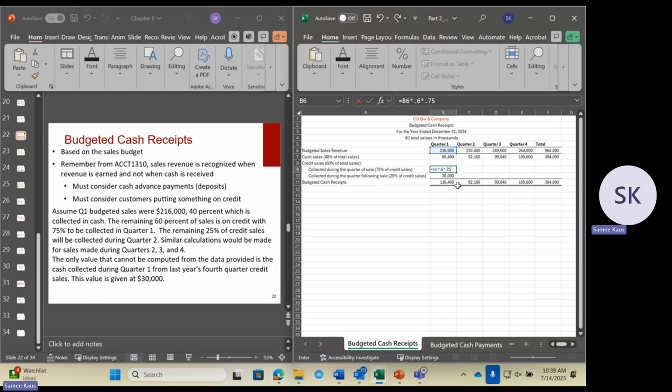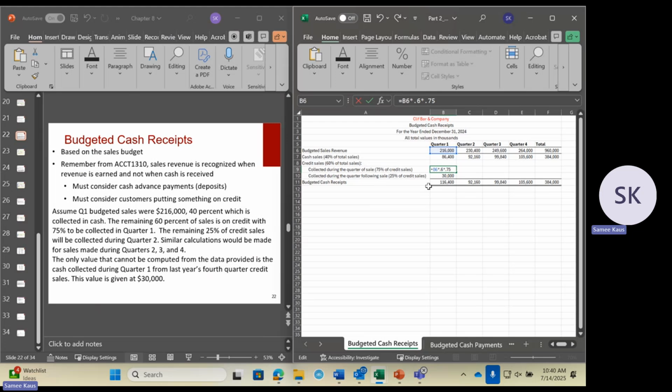Okay, so I think sometimes what I see is that some people will want to just take this and not include this 0.75. But remember, there's nothing saying that these customers have to pay us within this quarter, right? Maybe they have a sale on March 30th and then they pay us on April 2nd.